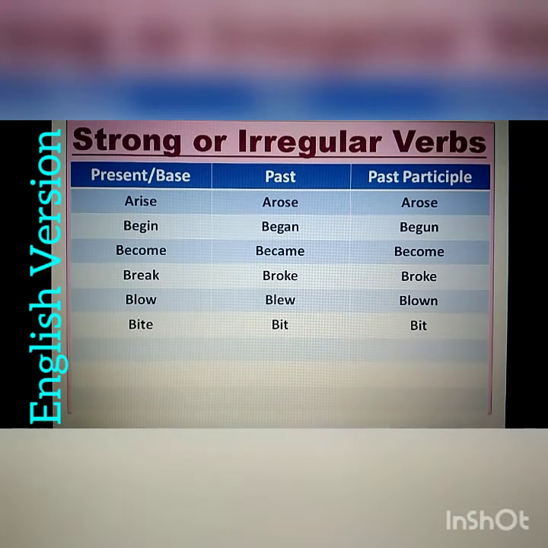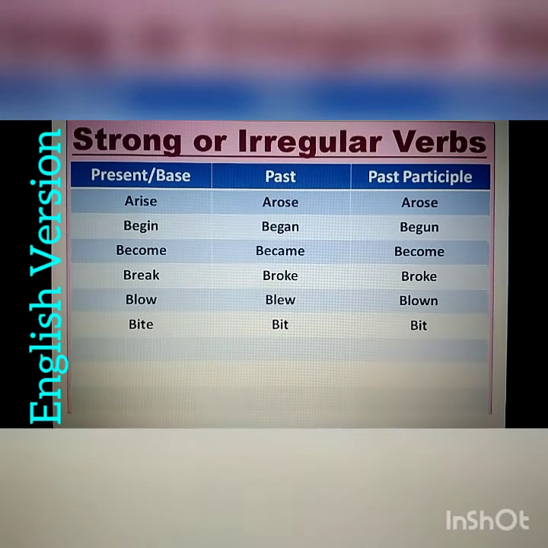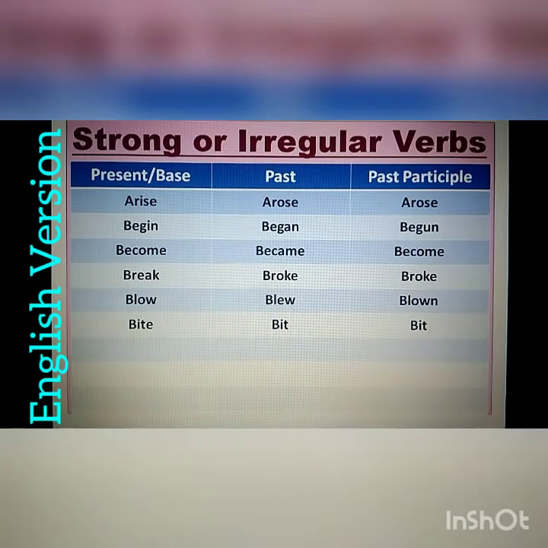In case of past participle form, it is begun. In case of past form, i is changed into a, and in case of past participle form, i is changed into u.